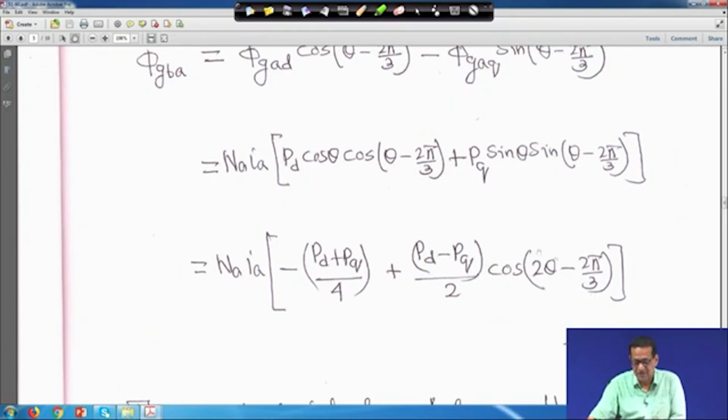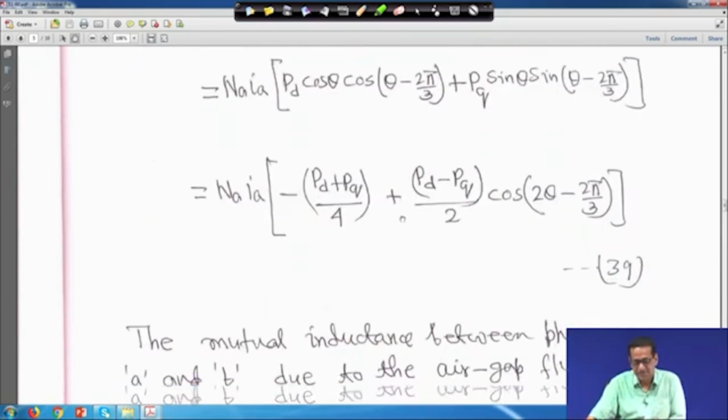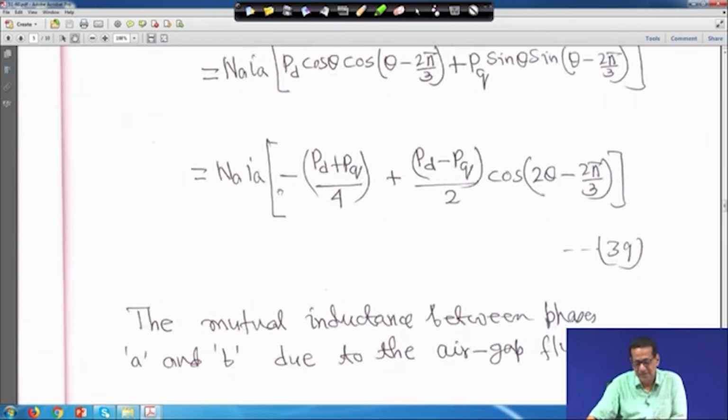This way it has been simplified. This is actually cos A cos B and this is sin A sin B, just giving you some hint. So try to derive this one, and it will come like this. This is equation 39 after simplification.